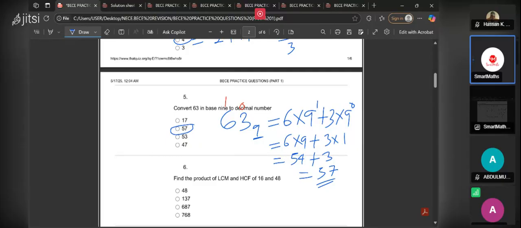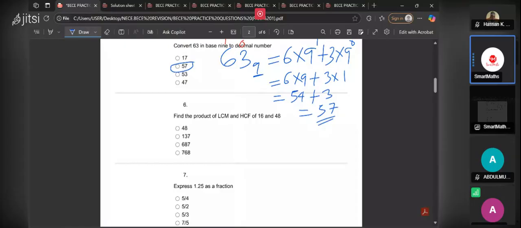Then the next question, question 6. Find the product of the LCM and HCF of 16 and 48. So here the question is 3 in 1. You have to find the LCM and also find the HCF. After getting the answers for LCM and HCF, product means multiply.